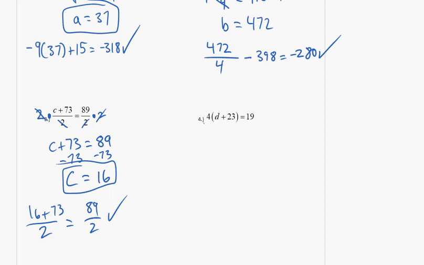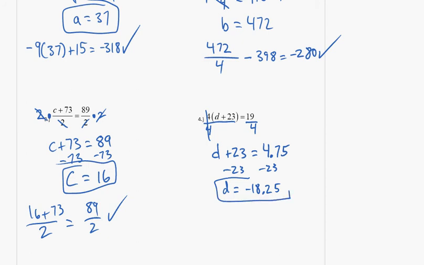So I would divide both sides by 4 first. Right, 4 divided by 4 is just 1, so I'm just left with d plus 23 equals 19/4. I guess if we wanted to, we could convert that to a decimal, which is just 4.75. And then in order to get d by itself, we'll just subtract 23 on both sides and get that d equals negative 18.25 using decimals.